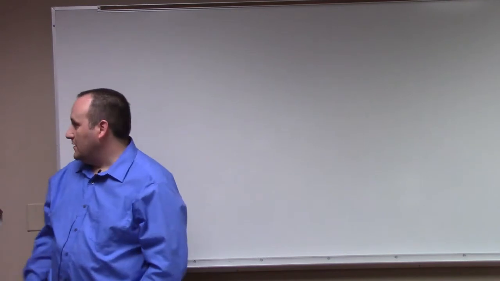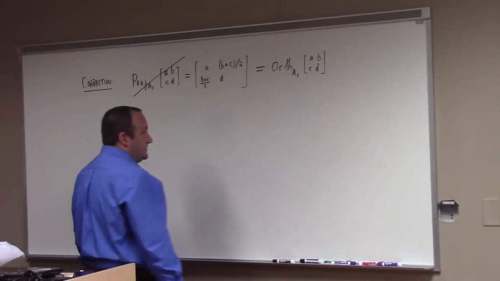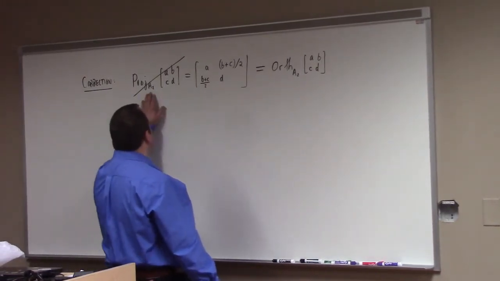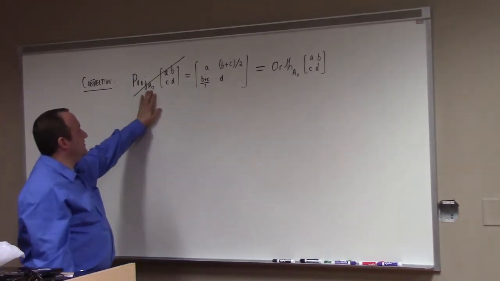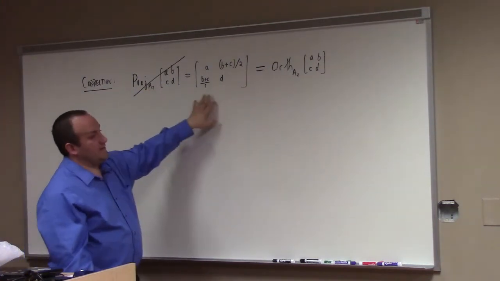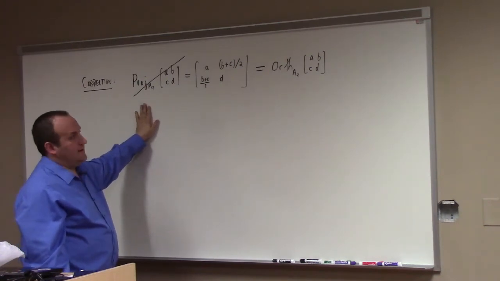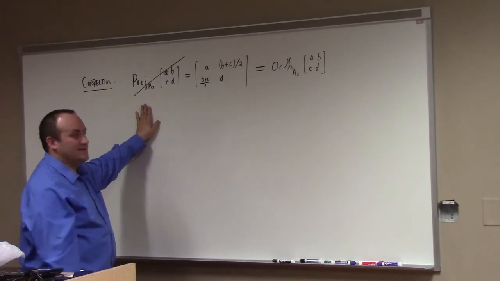Amen. Yes, I wanted to start with a correction to something I wrote last time. I said that the projection onto the subspace of antisymmetric 2x2 matrices was given by this. Now we did a calculation which came to this conclusion. And the thing is, what I calculated was not the projection.